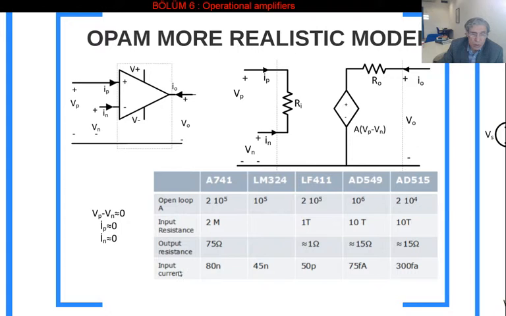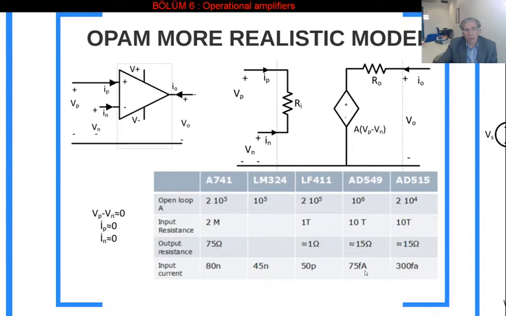Because the input current is very low, as we already said, for these different operational amplifiers the input currents are shown here. That is 10 to the power minus 12. You can imagine how small that is. So what we are saying here is that in this model we are representing the operational amplifier not by using a definition relation, but rather a circuit model.